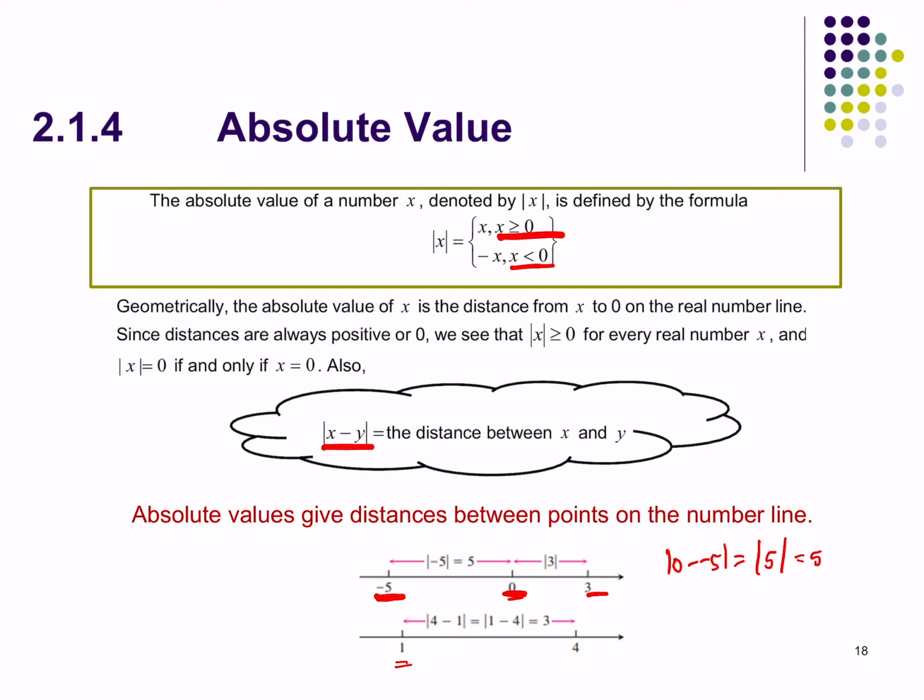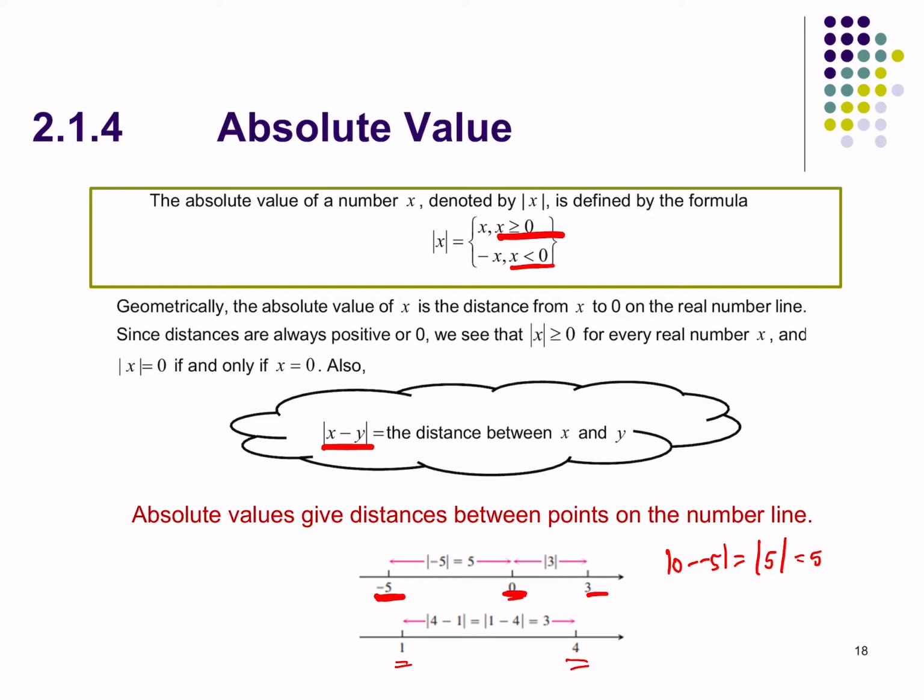And in this case, 1 and 4. The magnitude of x minus y, or 1 minus 4, or 4 minus 1, the solutions will be the same. If you start with 4 first and then subtract 1, you will end up with a magnitude of 3.